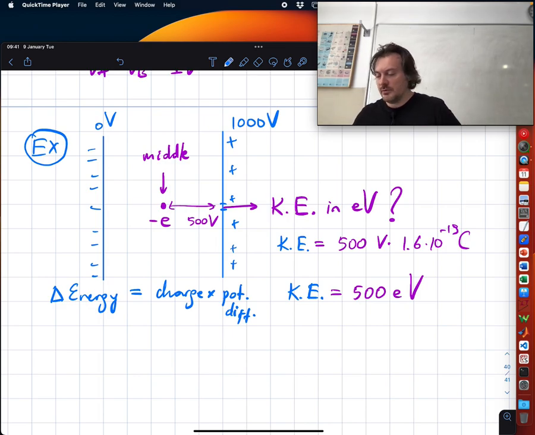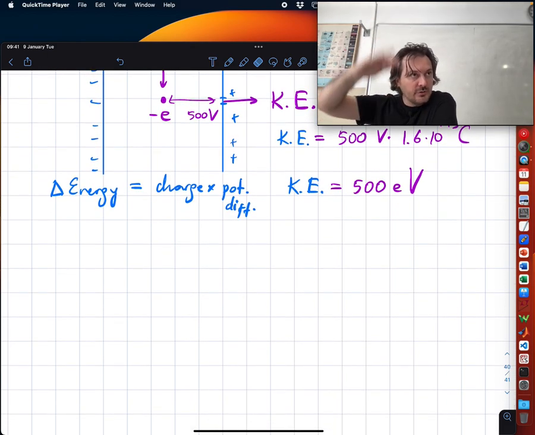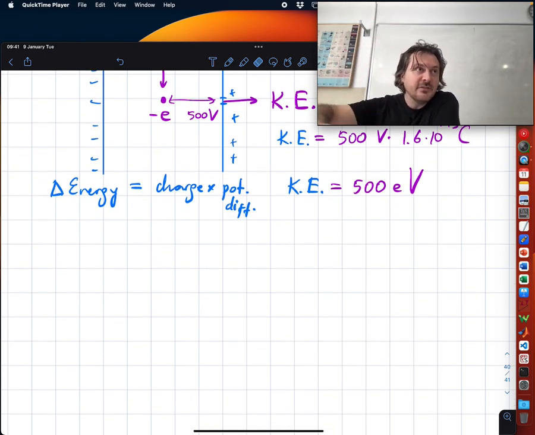We could have called the middle zero, and then this would be negative 500 volts. Okay? So even the plus side could be, for some sort of convention, negative 5,000. Yes. It's a matter of height. How do you define the height? With the sea level, or with respect to Everest, or with respect to Ankara for some reason?